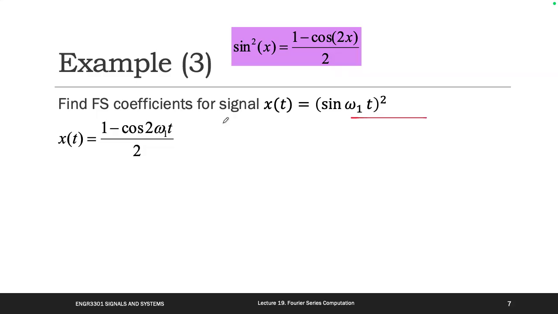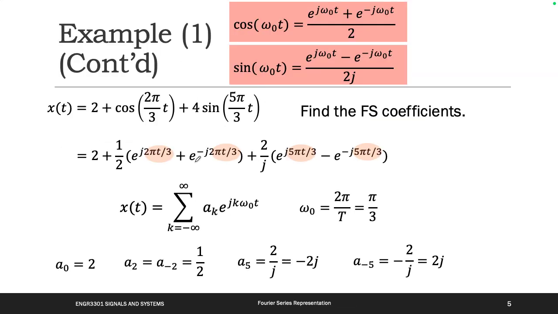Usually, when we want to find the FS coefficient, we will use signal analysis, am I right? But we don't like signal analysis because you have to do the integral. We usually like it if our signals can be represented in this form, because then we can easily find the a_k.